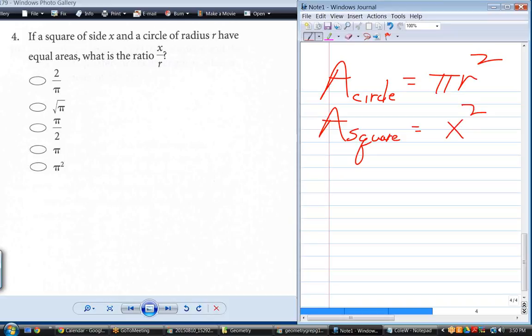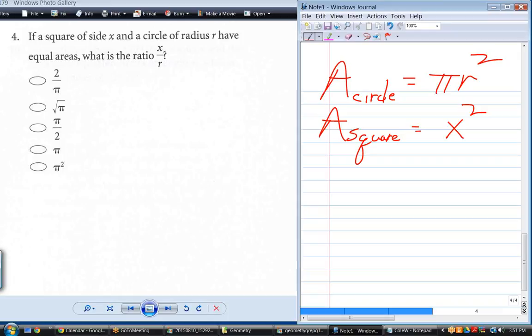In other words, we can do better than base times height. Base times height is for a rectangle, but a square is a very special kind of rectangle. And x squared is better because it only has one variable, x. Base times height, that's 2 variables. So if we can make everything one variable, we're better off.